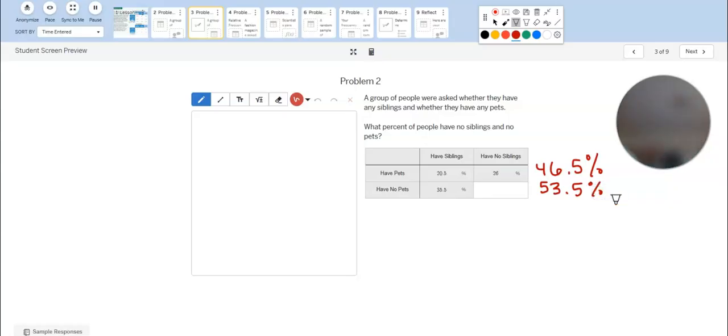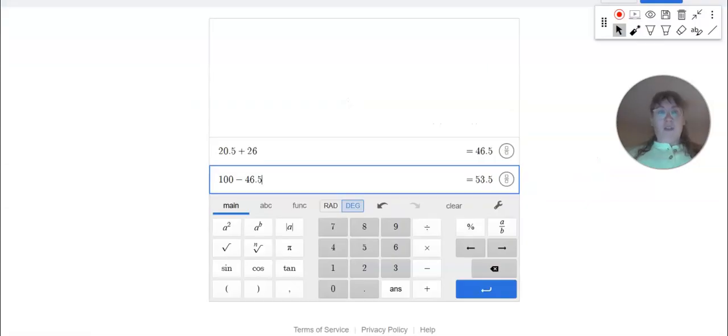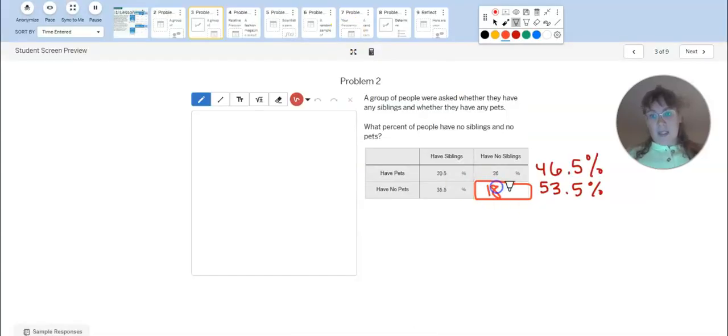So what that means is now we can find this missing box here, because if we do 53.5 minus 35.5, there's 18% have no siblings and no pets. So to be able to find the missing value for this one, we had to find one of our totals first, and then we could figure out what the missing value was from there.